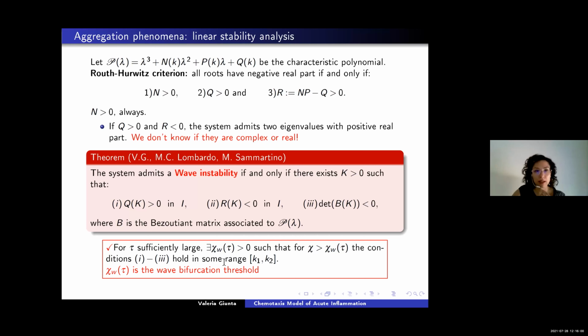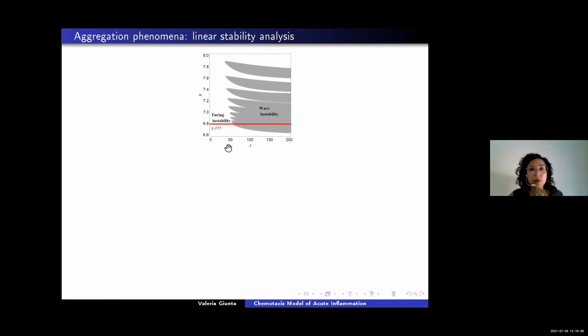So using this theorem and the previous one about the Turing instability, we have analyzed the instability regions in the plane tau-chi. Above the red line, which does not depend on tau, we have a Turing instability, and in the gray regions, the wave instability.